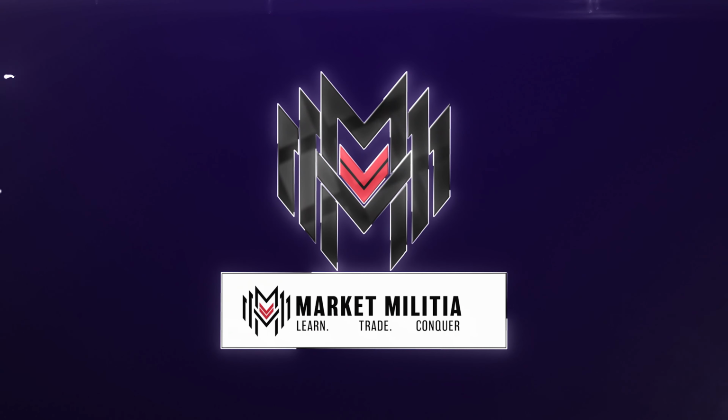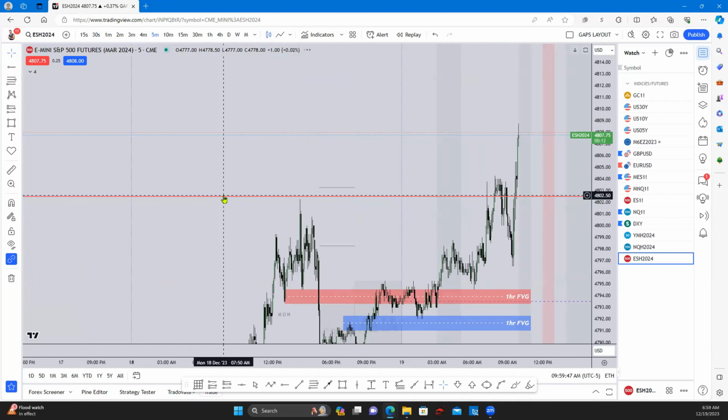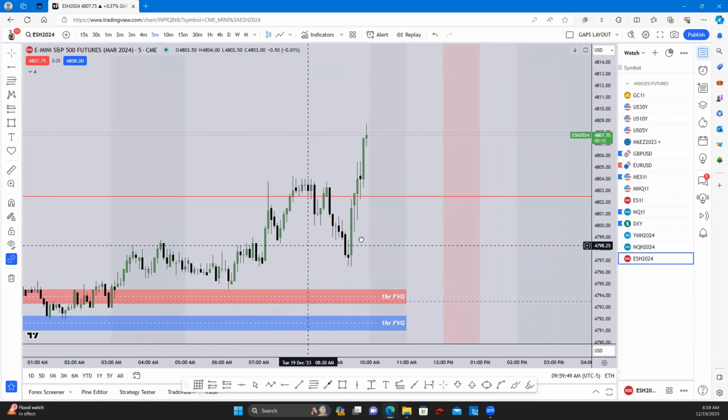So looking at price here, we've taken out the weekly buy side liquidity.